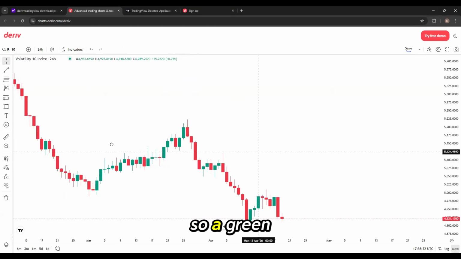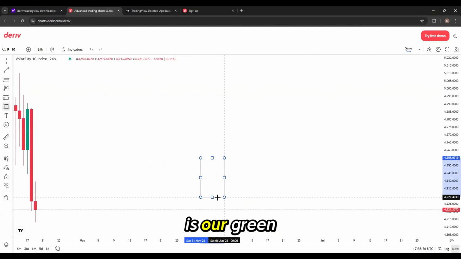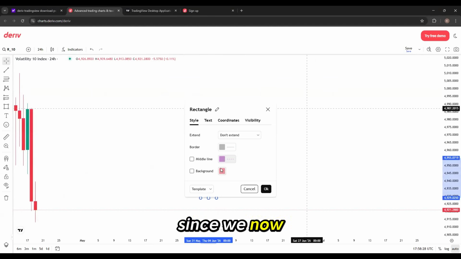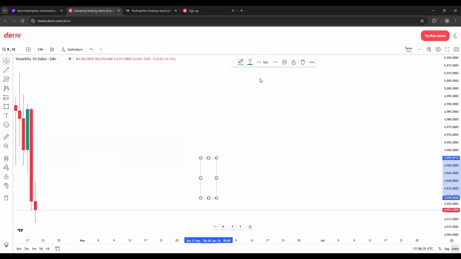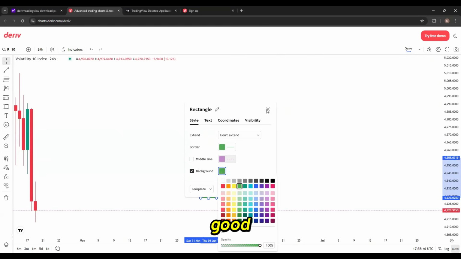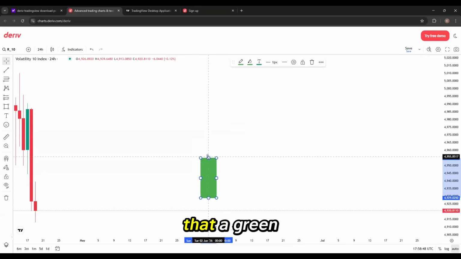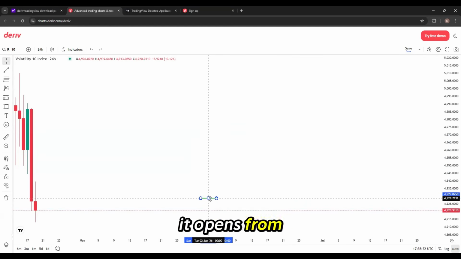So let's say this is our green candlestick. Since we know that a green candlestick buys, the way that it opens is it opens from the bottom and then it closes at the top.